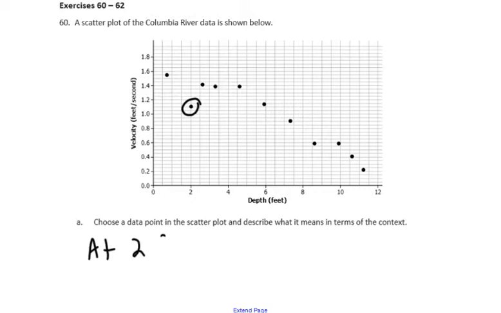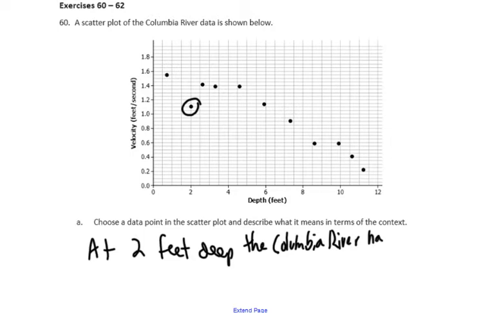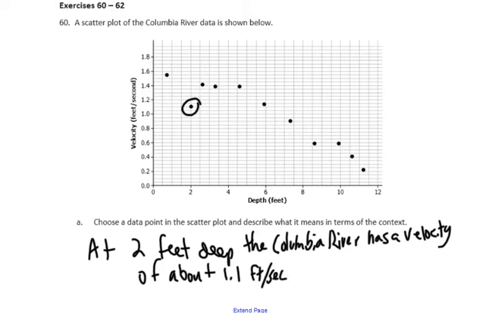At 2 feet deep, the Columbia River has a velocity of about 1.1 feet per second. And that's just looking at the graph and determining what the data shows.